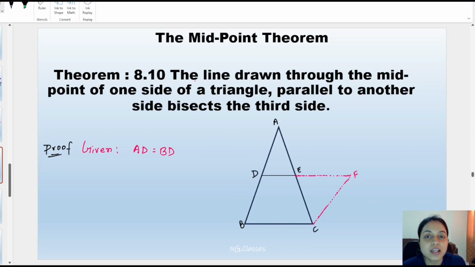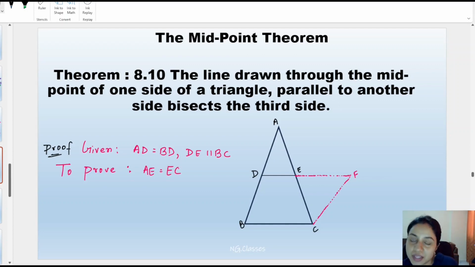See carefully, a line drawn through the midpoint of one of the sides of a triangle parallel to another side. That means it is also given that the line drawn through D, that means DE, is parallel to BC. Bisect the third side. That means we have to prove that AE must be equal to EC.